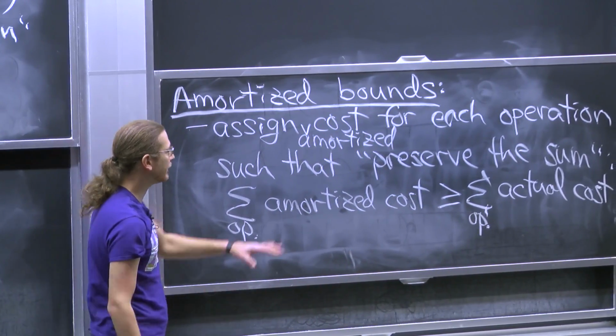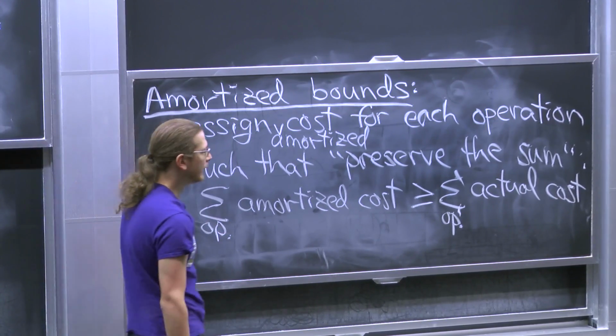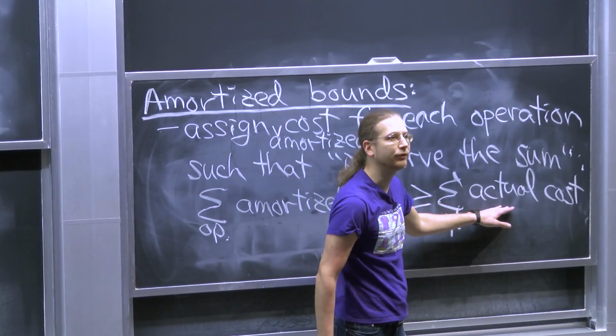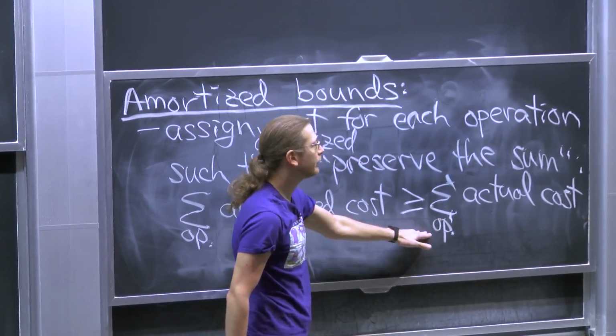So if I can prove that the amortized costs are at most, say, constant per operation, then I get that the sum of the actual costs is at most constant per operation. I don't learn anything about the individual costs, but I learn about the total cost.